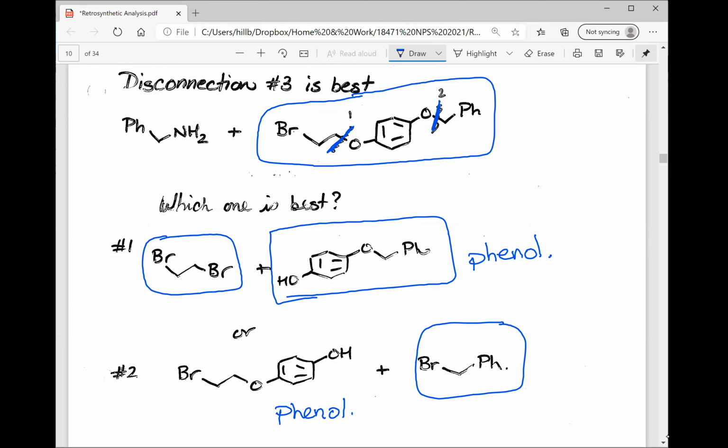But one of these 2 disconnections is better than the other one. Any idea which one?